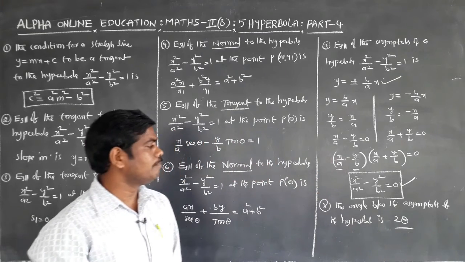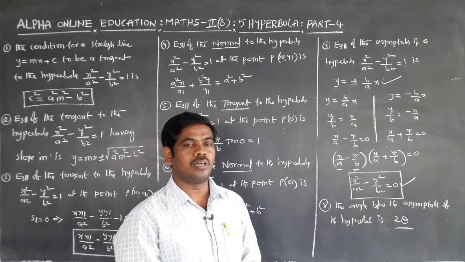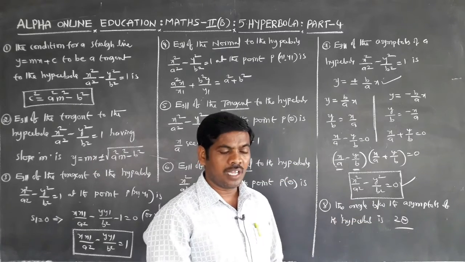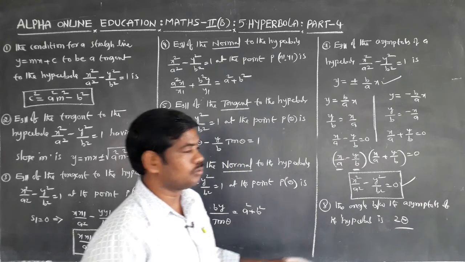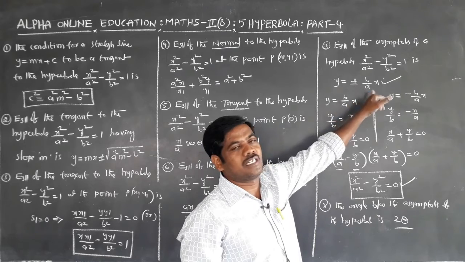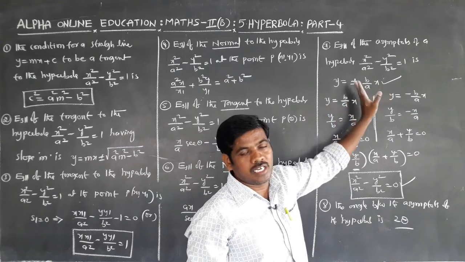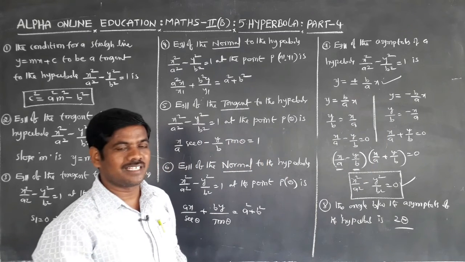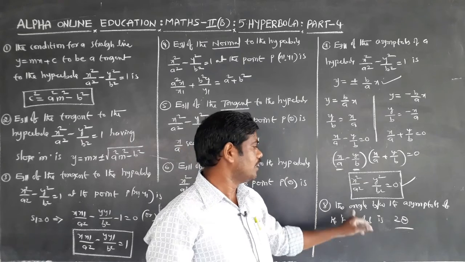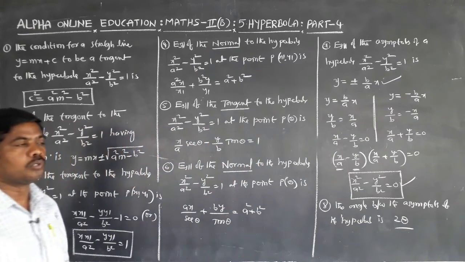The equation of the asymptotes is y equal to plus or minus b by a x, that is, y equal to plus b by a x and y equal to minus b by a x is the equation of the asymptotes of a hyperbola. The angle between the asymptotes of a hyperbola is 2 theta.